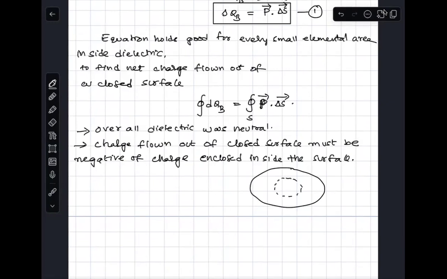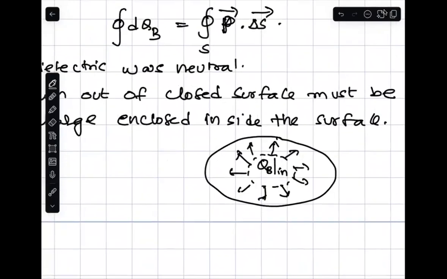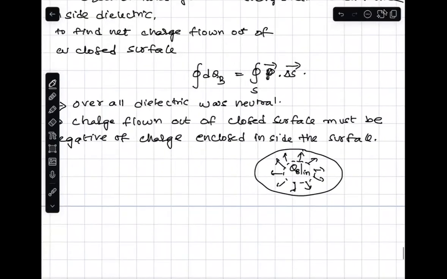This is the space that I'm enclosing. Because some charge is going out due to polarization, I will say that net charge enclosed inside.